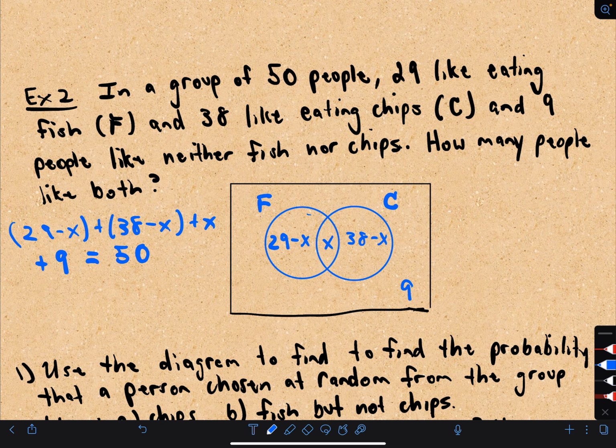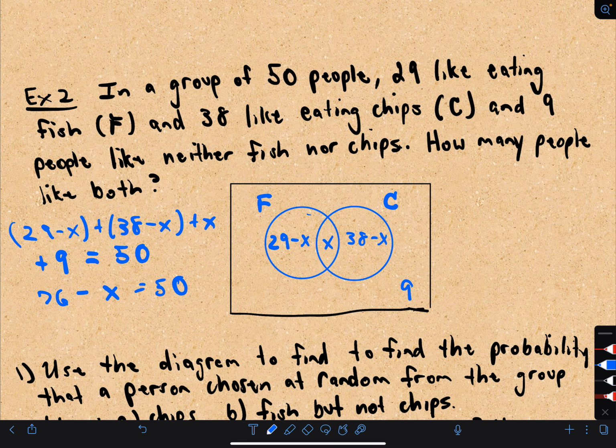So you can check my arithmetic here. 29 plus 38, plus 9, excuse me, I think I left out my plus 9 there, that's going to give me 76. So negative X plus negative X would be negative 2X. Plus an X is just going to leave us with minus X. So 76 minus X, that has to equal 50.